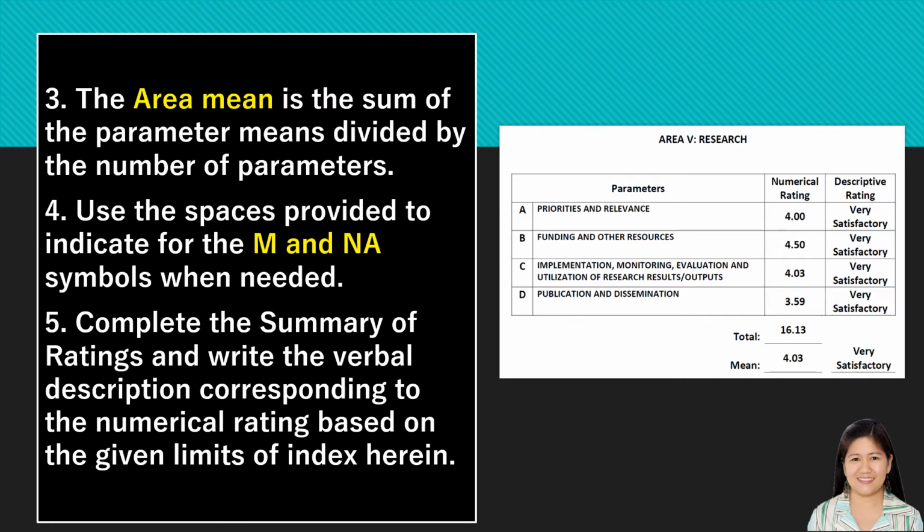Okay? Again, lastly, remember that we have to complete the summary of the ratings and write the verbal description corresponding to the numerical rating based on the given limits of index herein. Kasi po, as the local counterparts, i-rate din po natin yung sarili natin.